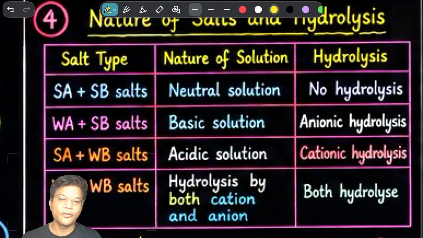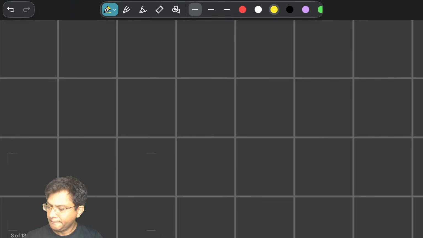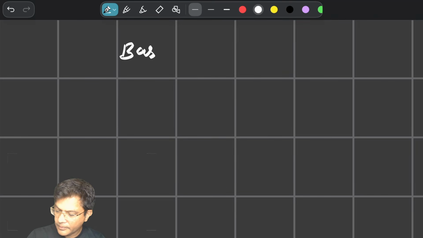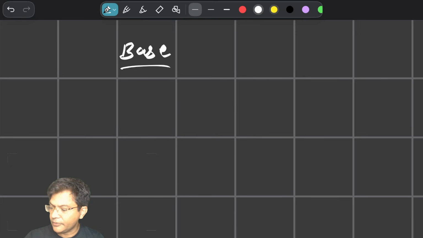Okay, nature of salt. So let me give you the trick, all of you. Remember, strong acid and strong base. So I will write down here something from strong base, the cations, and something from strong acid, the anions.